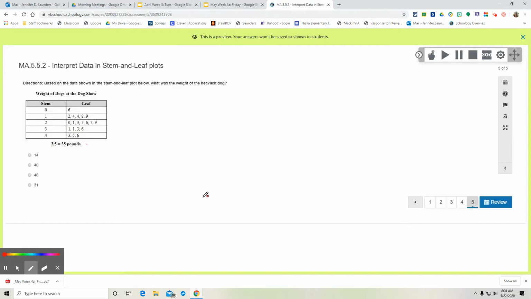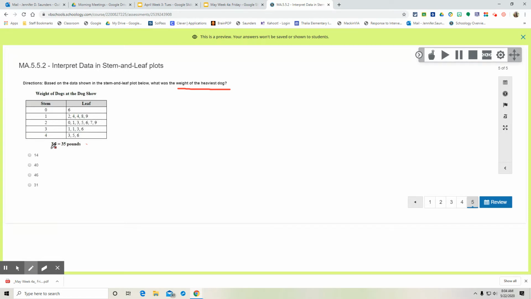Okay, question number 5. Based on the data shown in the stem and leaf plot below, what was the weight of the heaviest dog? So the heaviest dog is going to be the one that weighs the most. Therefore, it will be the largest number. Looking at my title, here's the weight of the dogs at the dog show, okay? And then always go to your key. Again, same thing we've been working with.